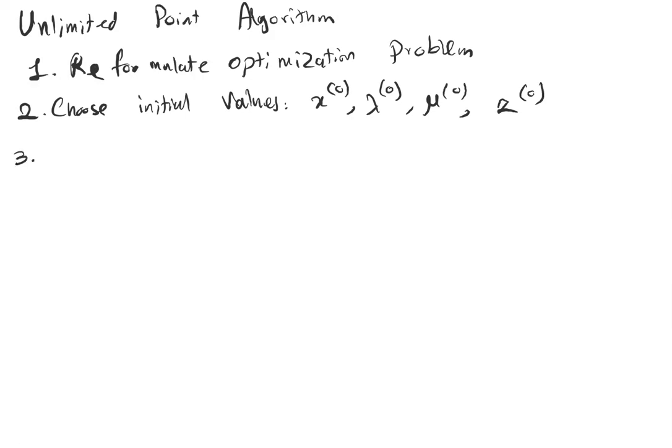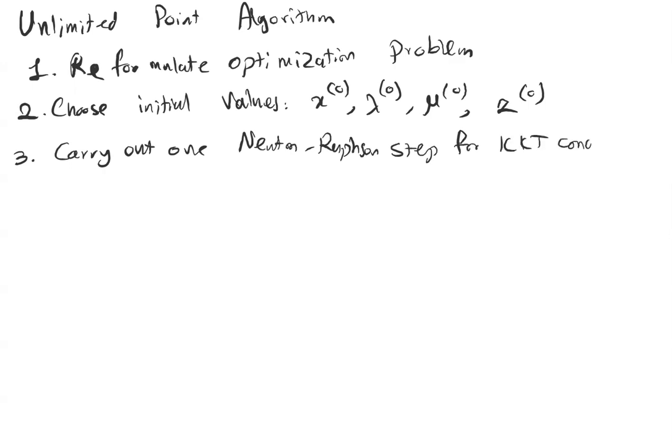Step 3, carry out one Newton-Raphson step for KKT conditions that only include equality constraints.